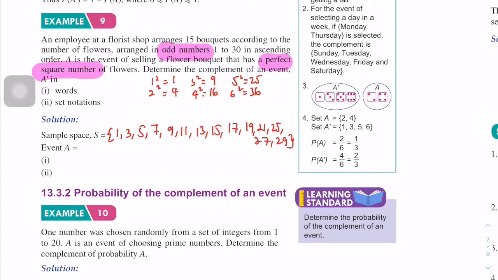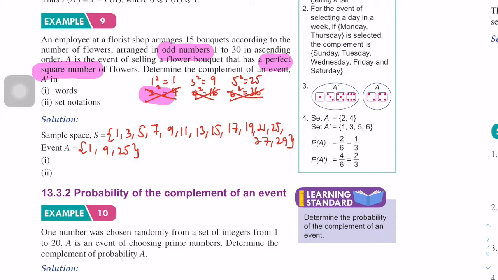So we eliminate the even numbers, so this is even number, even number. This is more than 30, which leaves us with 1, 9 and 25.